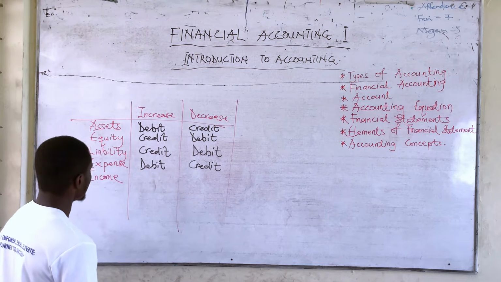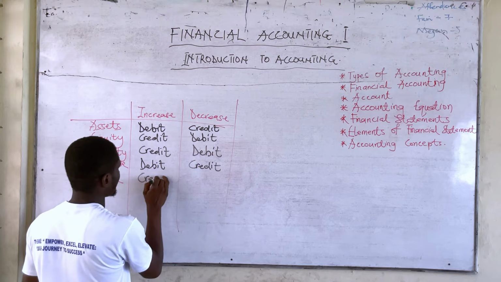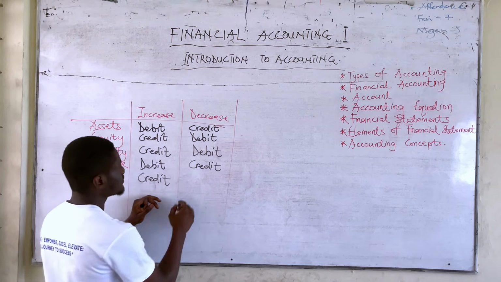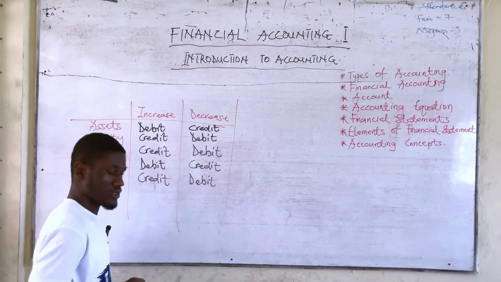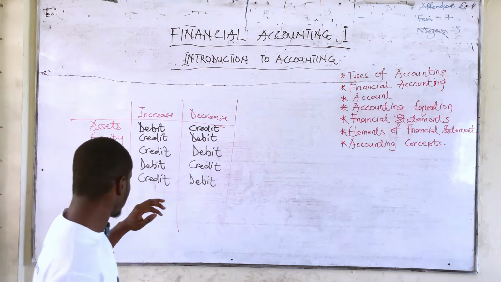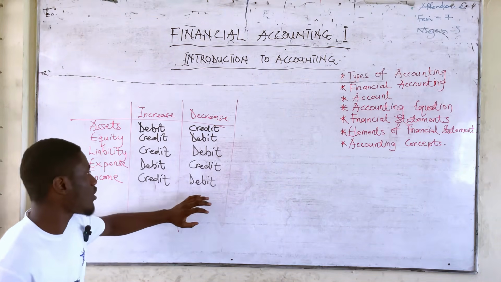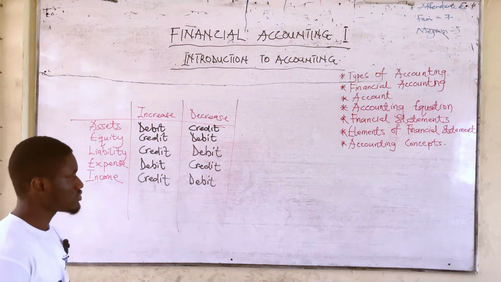So whenever income increases, we are going to credit. Whenever income decreases, we are going to debit. Do you get it? Good. So when the income increases, we are going to credit. When the income decreases, we are going to debit.